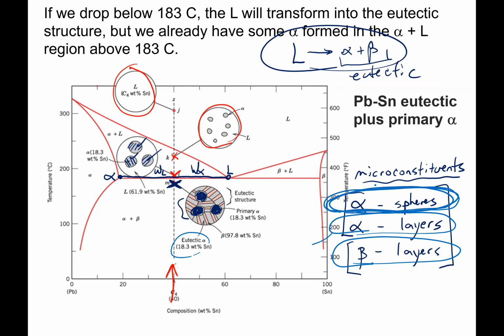A lot of times we will just refer to this as alpha prime, just indicating that it's the alpha that is in the sphere form. It was formed first in the alpha plus liquid region. Okay. Everything relative to cooling. All right, so that's kind of interesting because that means maybe we can do some calculations and figure out weight fractions of all these separate pieces, just for fun.